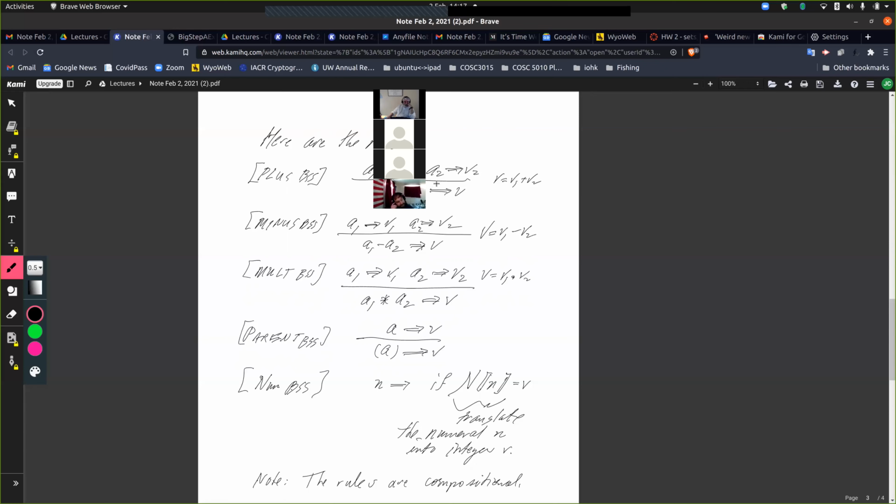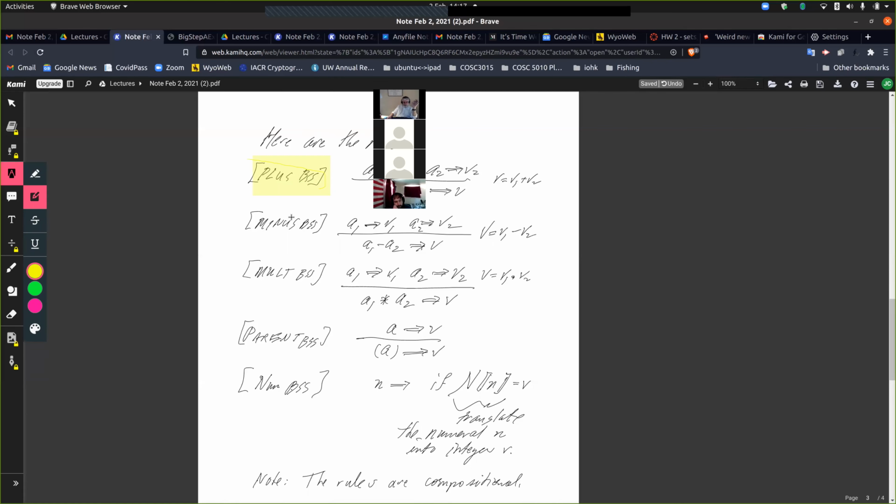All right. Okay. Well, anyway, here's the rule we just saw up above. He calls this rule plus BSS, for big step semantics.